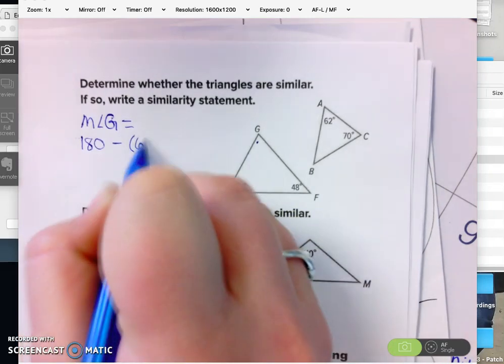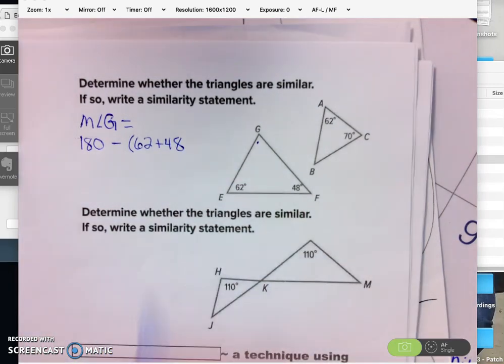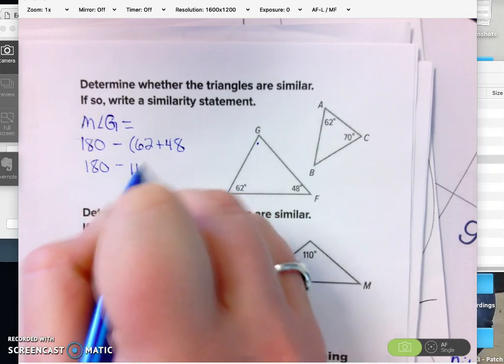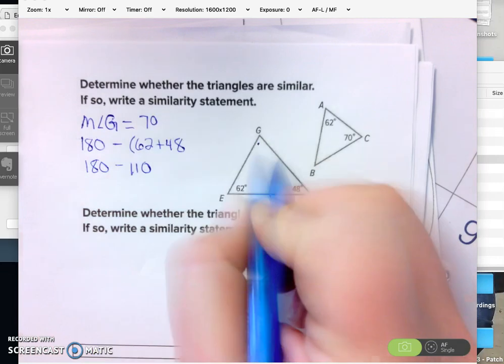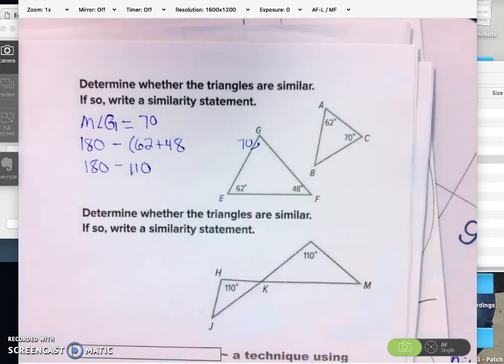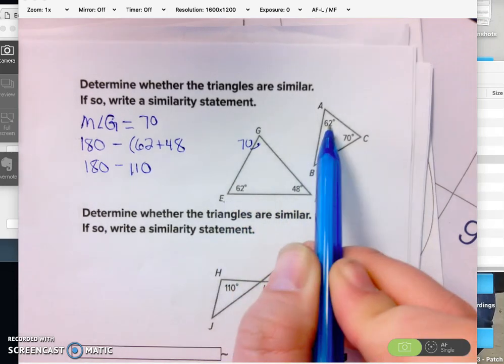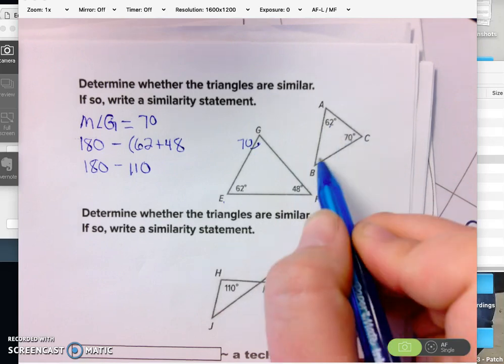So 62 plus 48 equals 110. If I subtract that from 180, that equals 70. So this one is 70. Okay, then we can see that angle E is 62, angle G is 70. This has got to be 48 then.